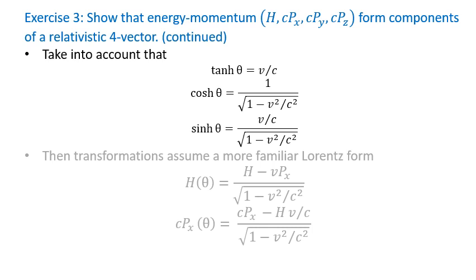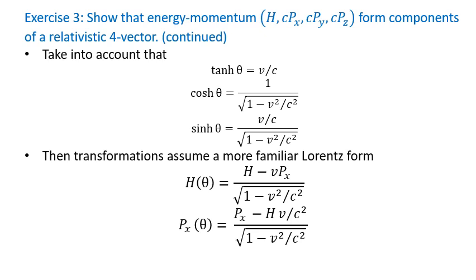Then it's easy to show that hyperbolic cosine and sine are given by usual relativistic square roots. Substituting these square roots into our transformation formulas, we obtain the usual Lorentz relationships of special relativity.